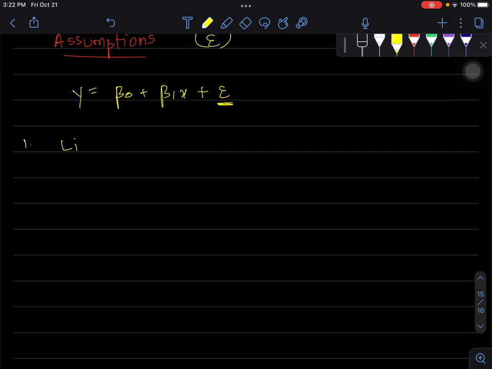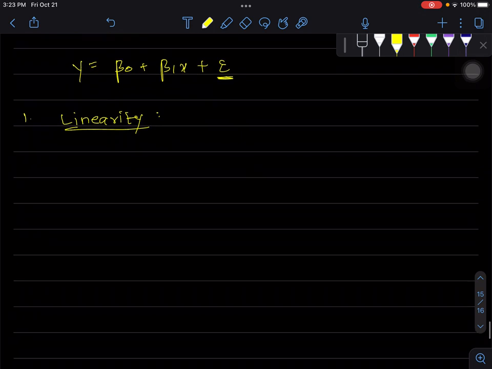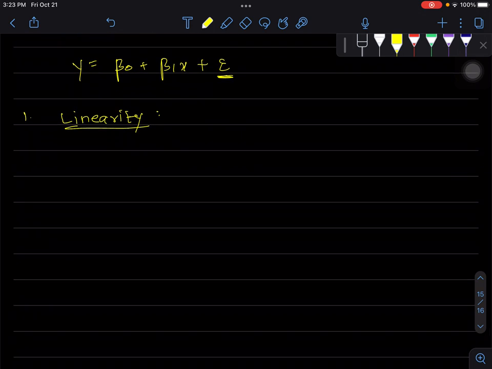The first one is linearity. So it's predominantly about this, but linearity is about the whole model. It just says that there exists a relationship between y and x, and that relation is correctly specified, which means a straight line is placed through the data and it should represent all the points as best as possible.